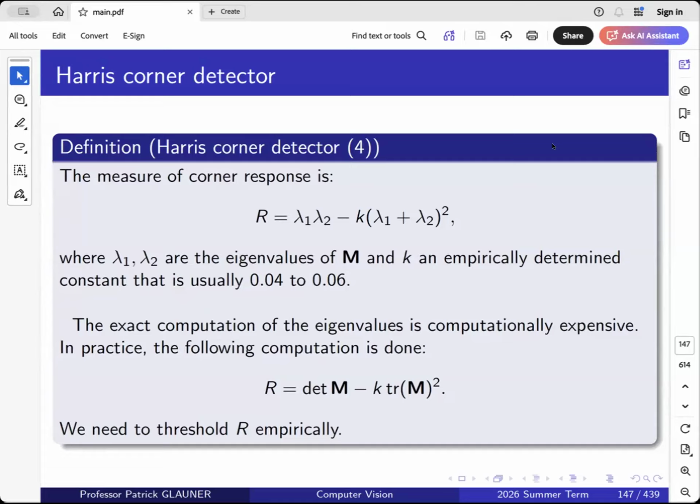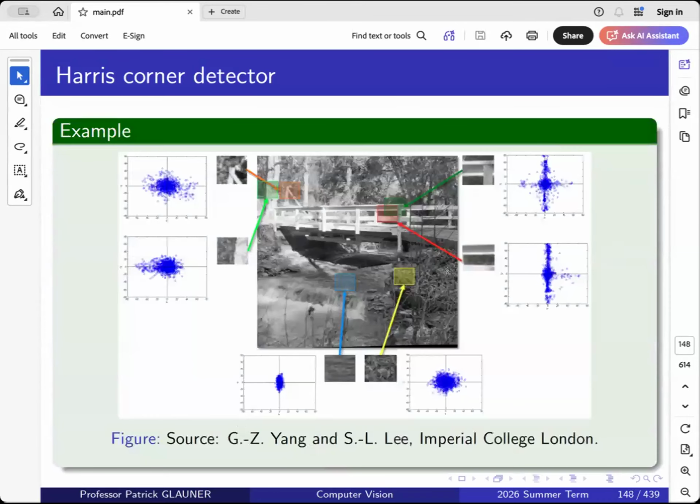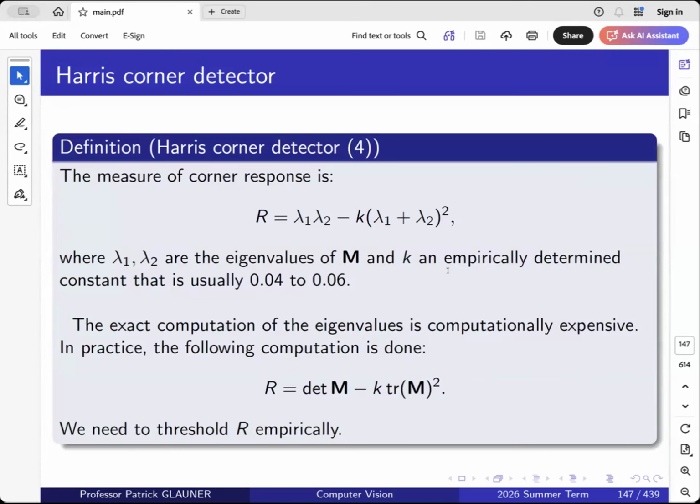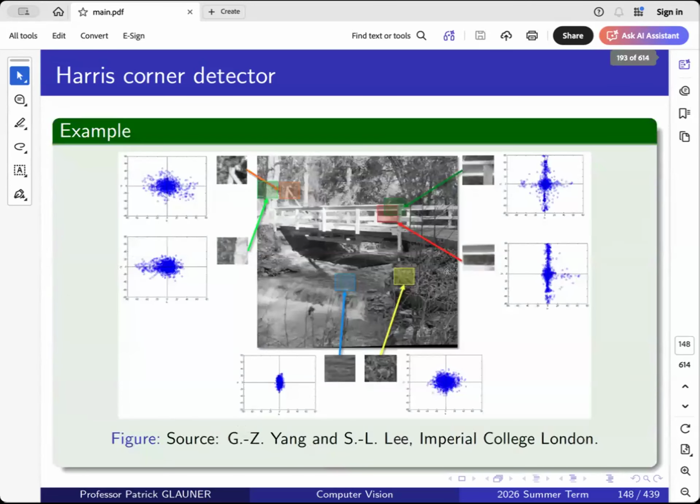That's something I will show you in a moment. So the corner response is a value, and probably the bigger it is, the more likely we have a corner there. But we can try to visualize this as well.